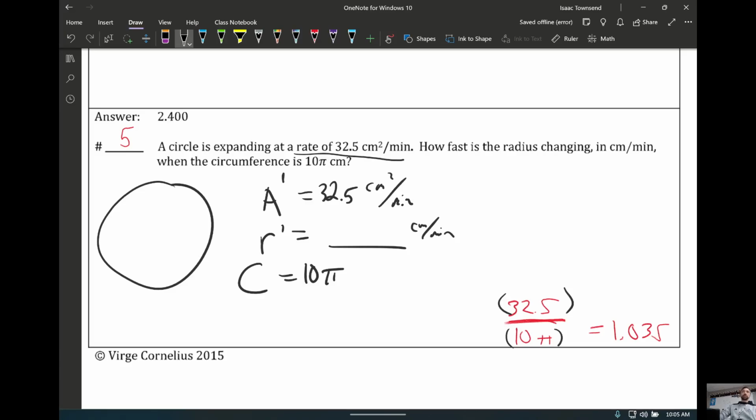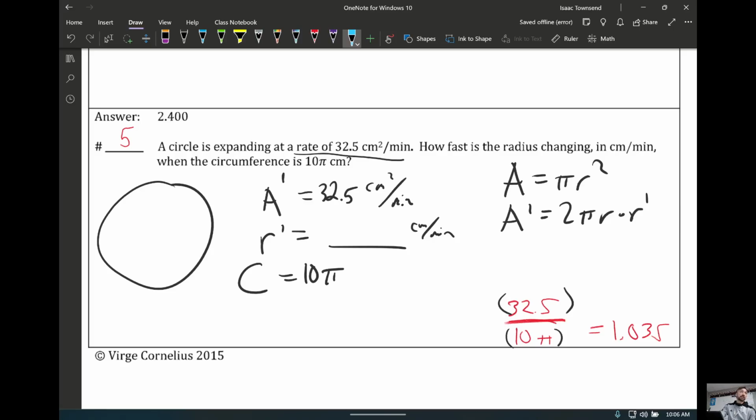Okay, so the geometry formula that pulls these things together would be the area of a circle. The derivative of A with respect to time would be A prime. For this, I would do the power rule. And realize I took the derivative of r with respect to time, so I need an r prime. To be honest with you, I took this and solved for r.